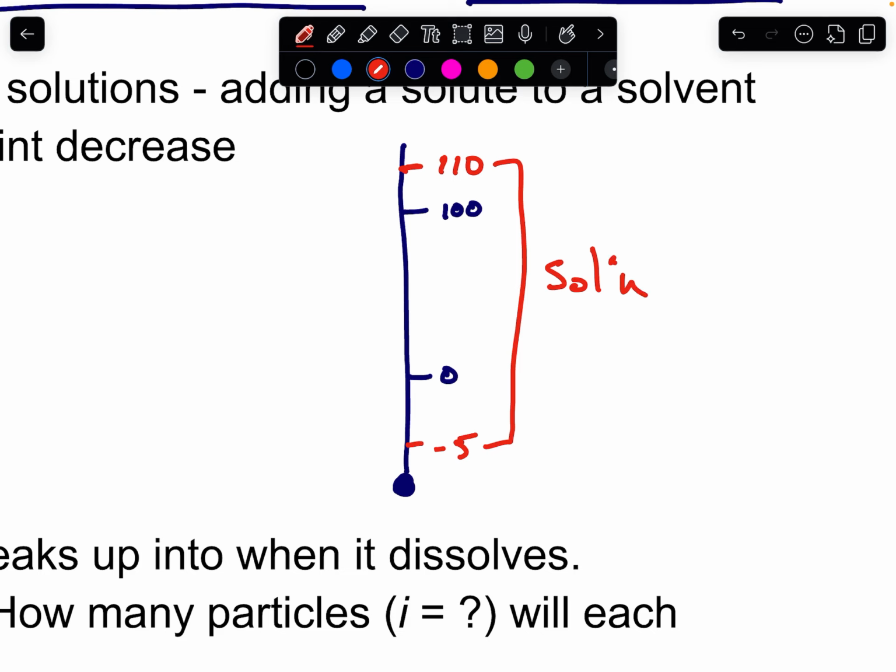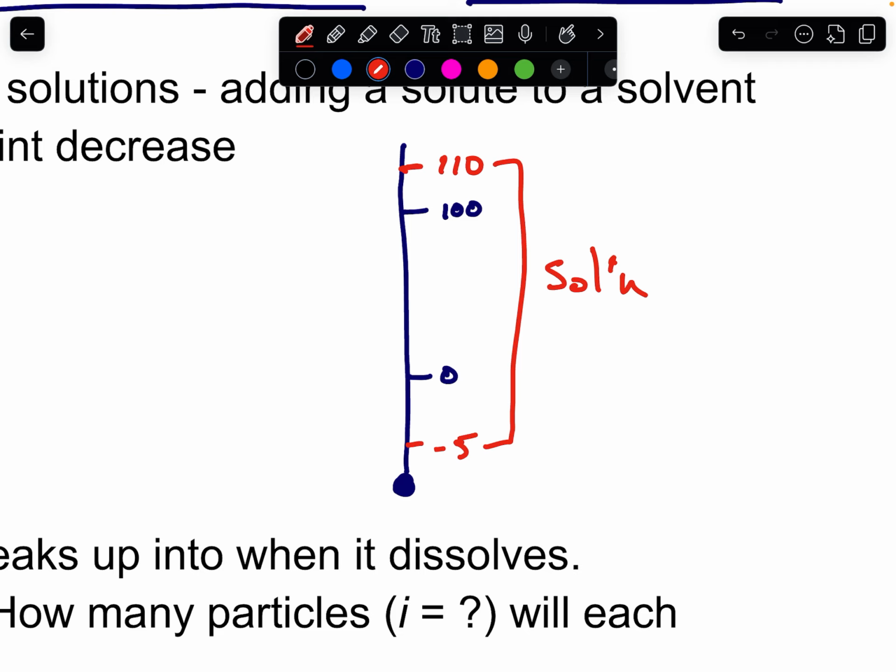So this is going to be my solution. My solution now freezes at -5 and boils at 110. And again, it doesn't matter what the solute is that we're using. The only thing that really matters is how many particles are dissolved in there.